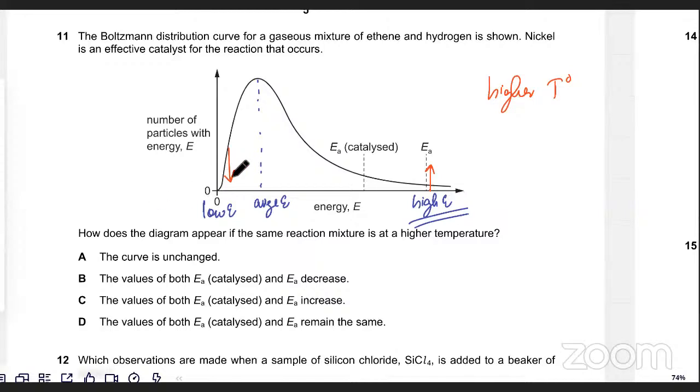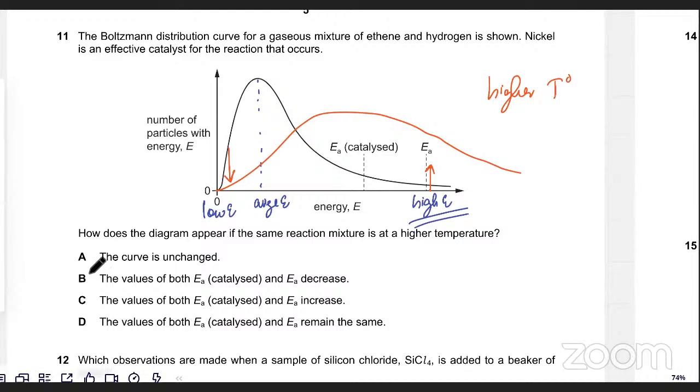The curve flattens out and rises from the right side. Because the particles are now distributed over a wider range of energy, at any particular energy you don't have a lot of particles, so the curve starts flattening out.